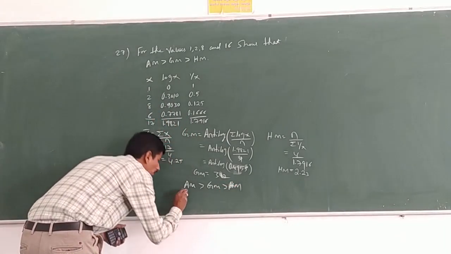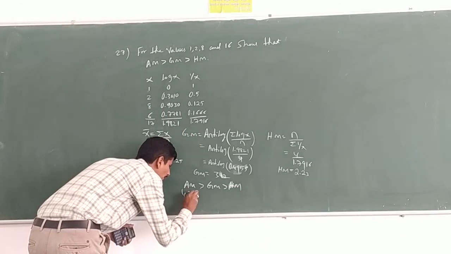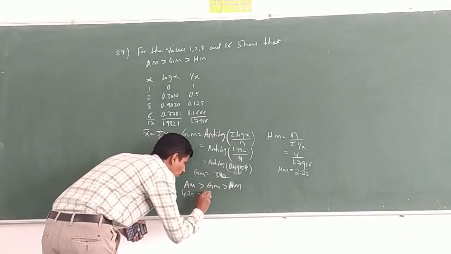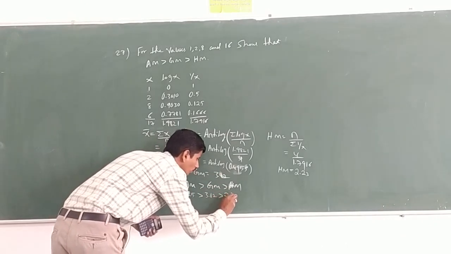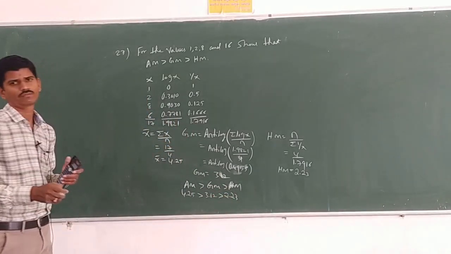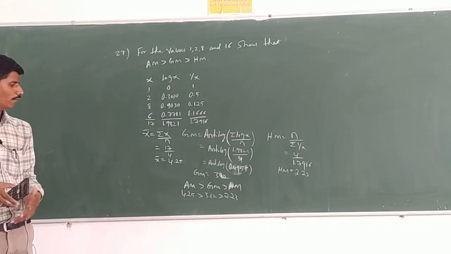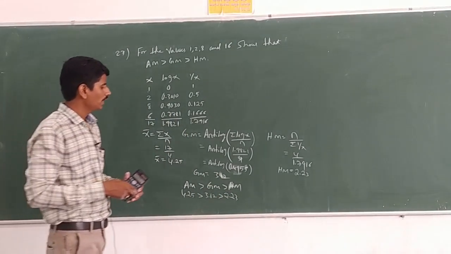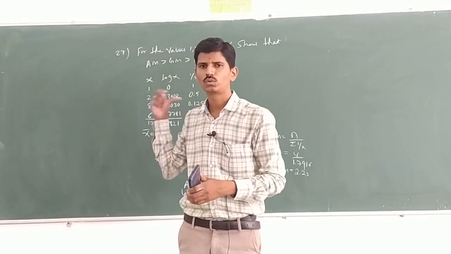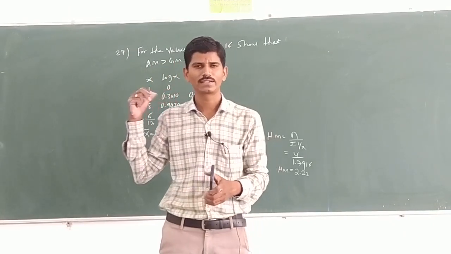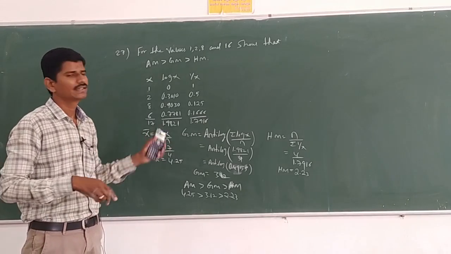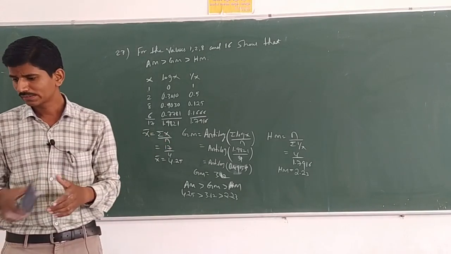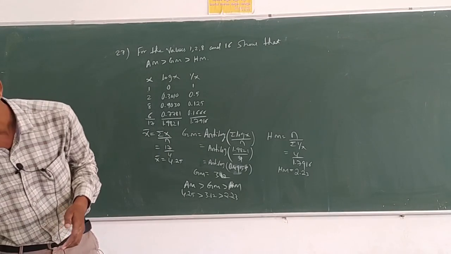AM value is 4.25, which is greater than 3.12, which is greater than 2.23. Hence it is proved. Arithmetic mean is always greater than GM, and GM is always greater than HM.